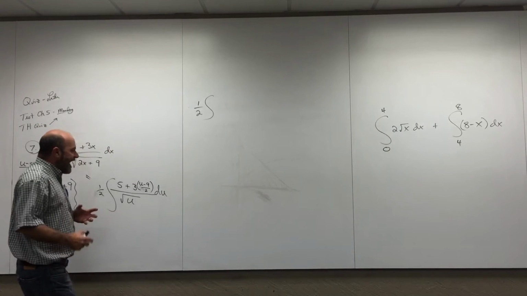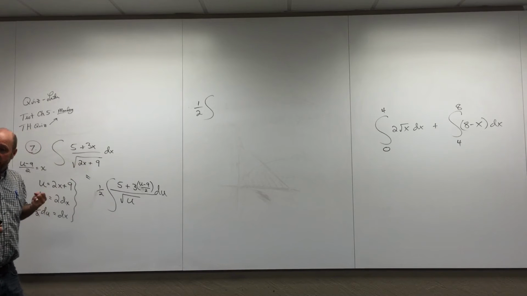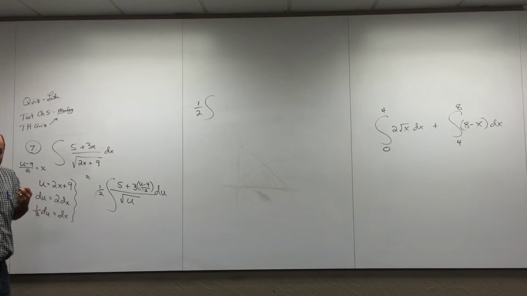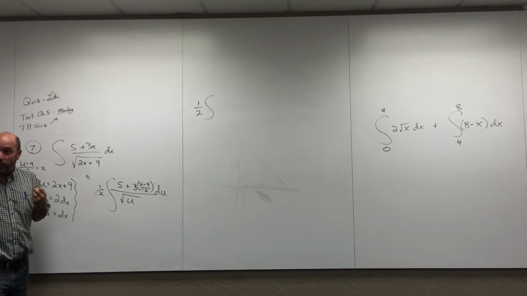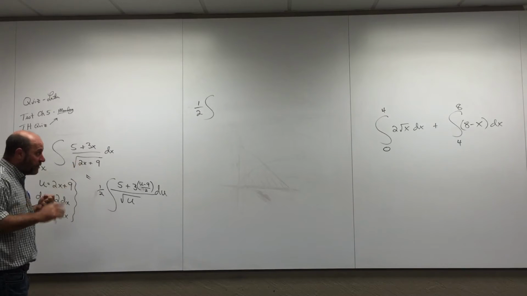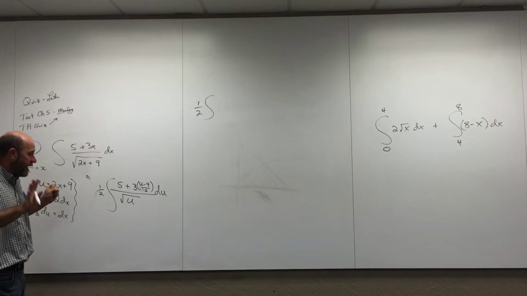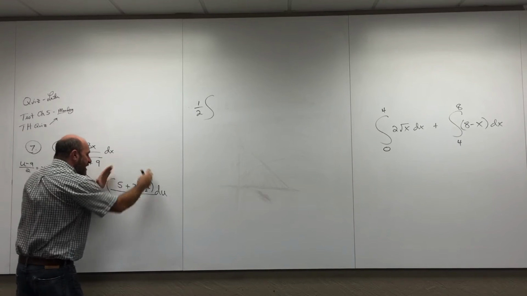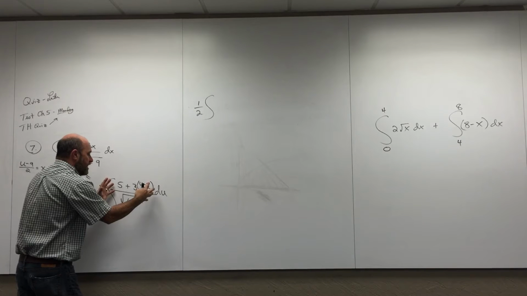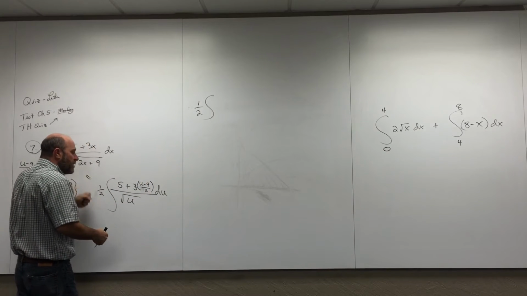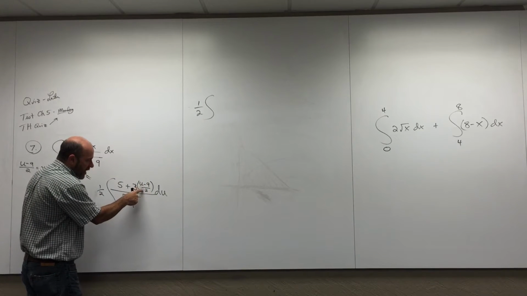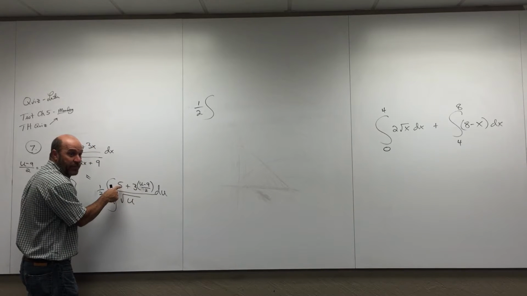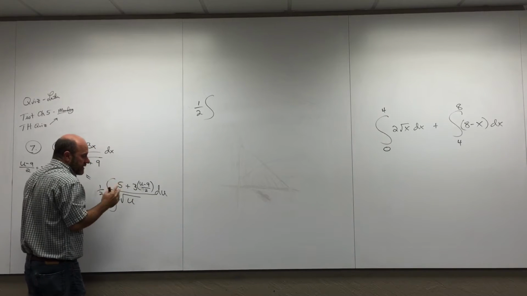You're allowed to pull multiplied constants out front, and students screw that up. I warned you about that on your other quiz the other day. You screwed up a little bit, taking out 5s. So anyway, do you have a constant that's multiplied by everything? If you do, pull it out. So this 1/2 that you're talking about is multiplied right here. It ain't multiplied by the 5, though. Correct.